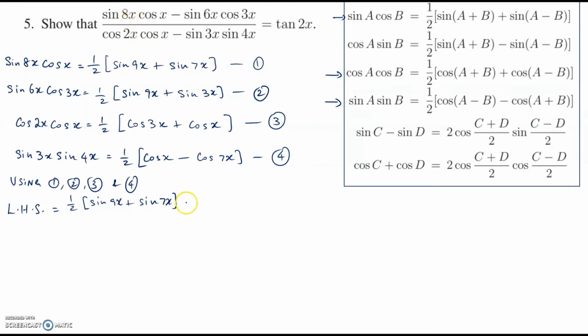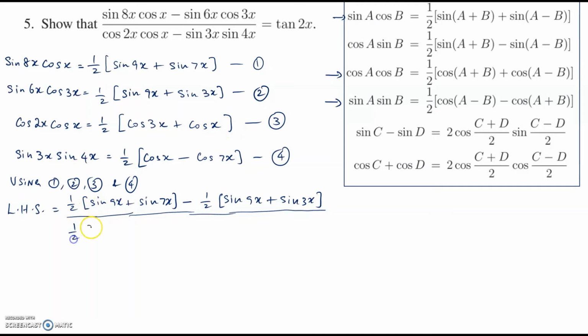Then it's minus, then the second term is half of (sine 9x plus sine 3x) divided by, whole thing is divided by, cos 2x cos x, which is the expression in 3.